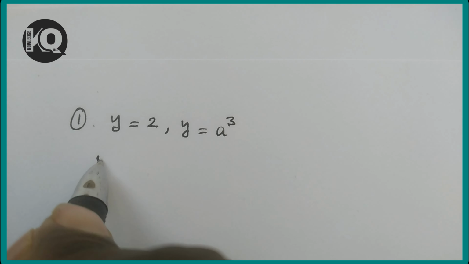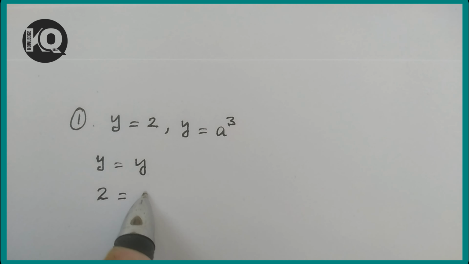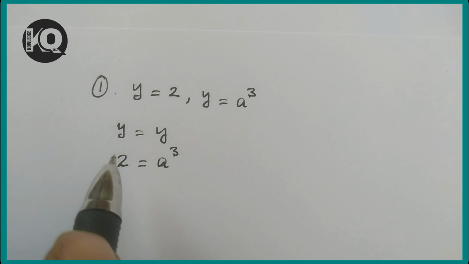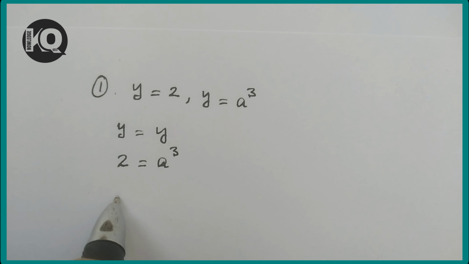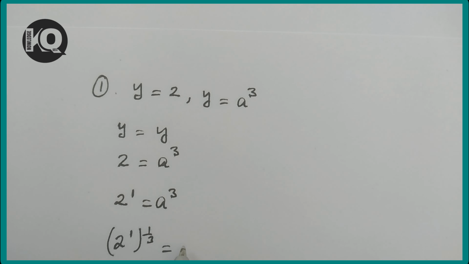So y equal to y, so 2 is equal to a to the power of 3. So 2 power of 1 is equal to a power of 3. Let's multiply both sides of the exponent by 1 over 3: 2 to the power of 1 times 1 over 3 is equal to a power of 3 power of 1 over 3.